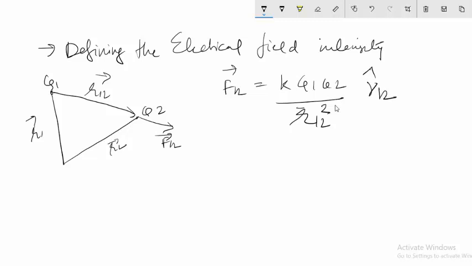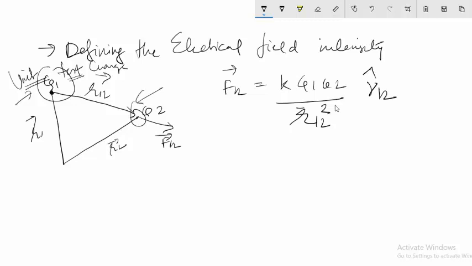But I am assuming now that this is a stationary charge, and this is a unit test charge.